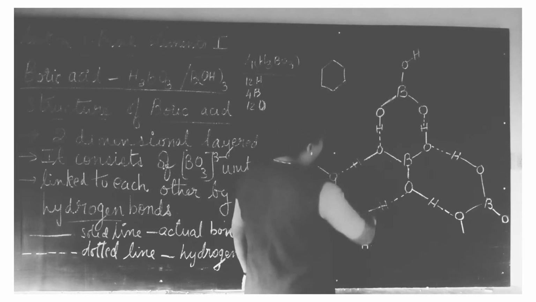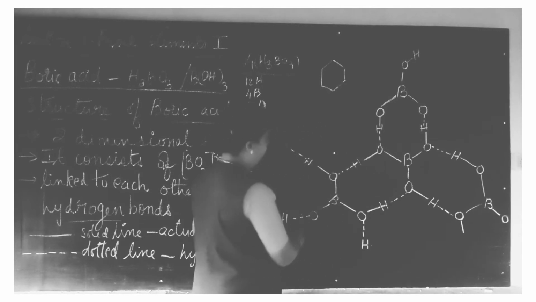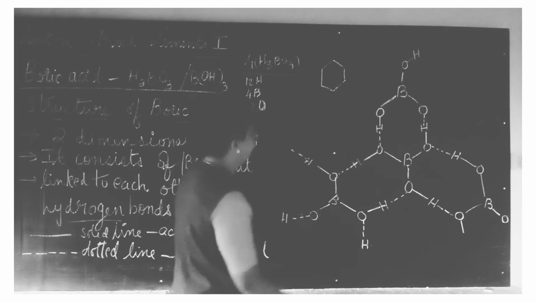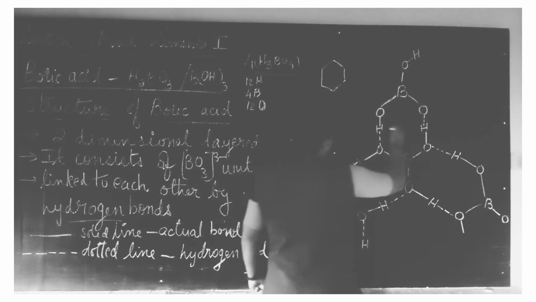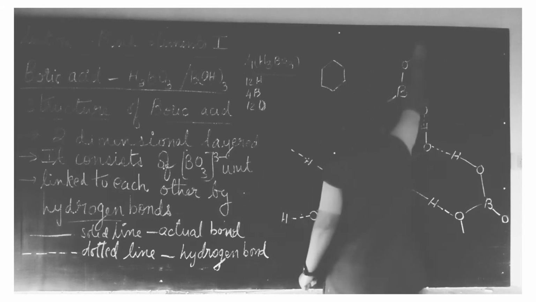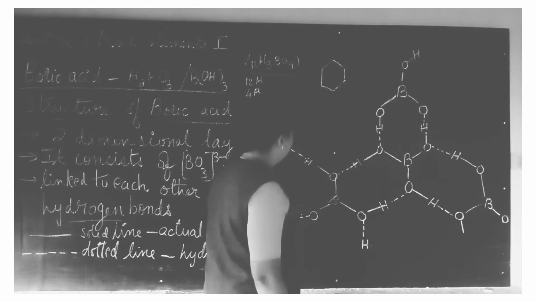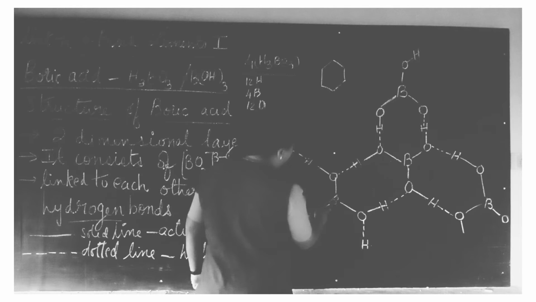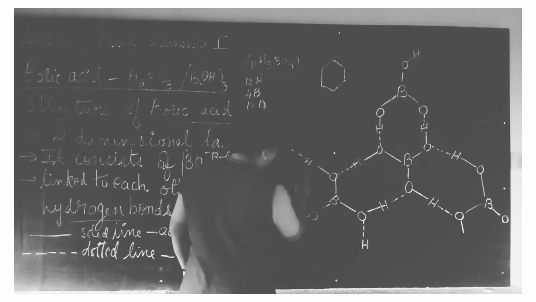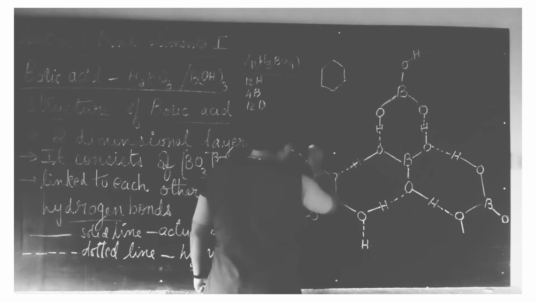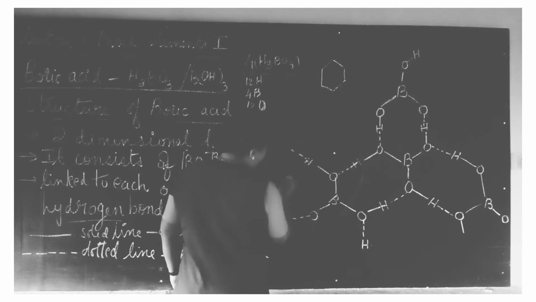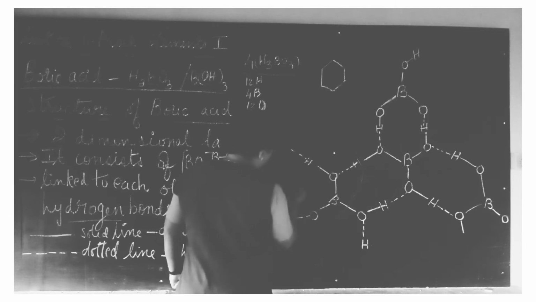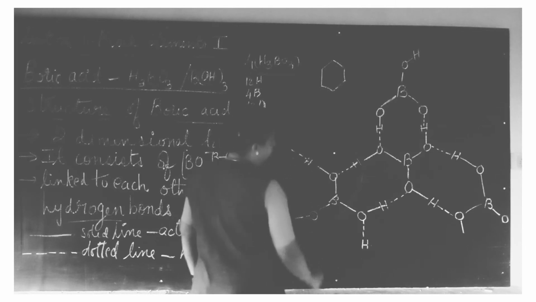Now we can see how many units of boric acid are here. You see how many units of boric acid? 4 units should be there. So this is one boric acid unit. Now here one boric acid: 1, 2, 3, with 3 oxygen atoms and 3 hydrogen atoms. So I just give this one 3 oxygen atoms and 3 hydrogen atoms.